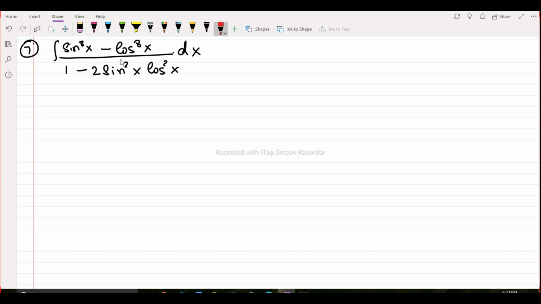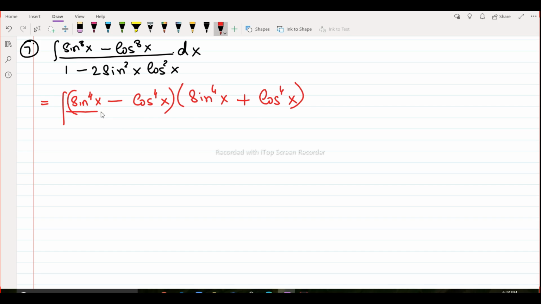So again, we don't have u by v, and this is power of 8. So what I'll do is, first I'll use a square minus b square. So I can write this as sine 4 power x minus cos 4 power x into sine 4 power x plus cos 4 power x upon, now instead of this one, I can write sine square plus cos square minus 2 sine square cos square.